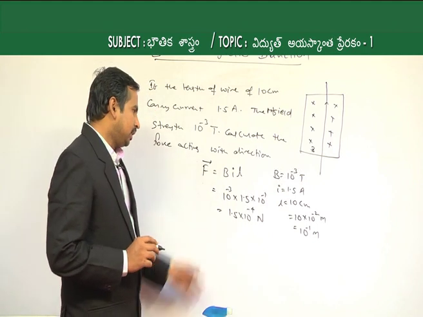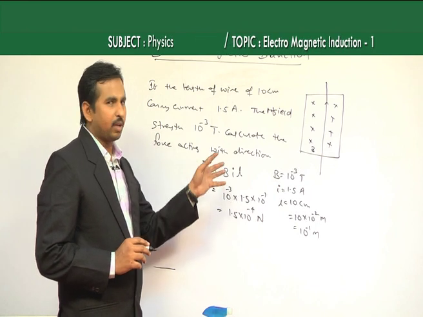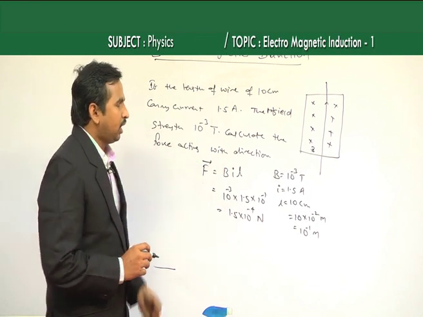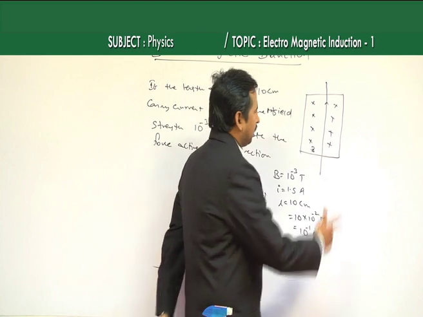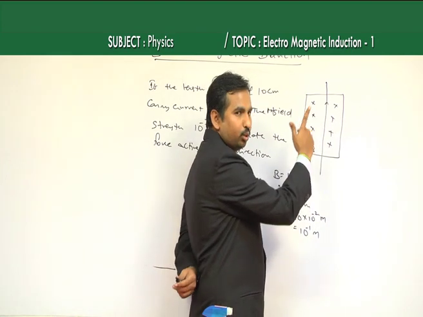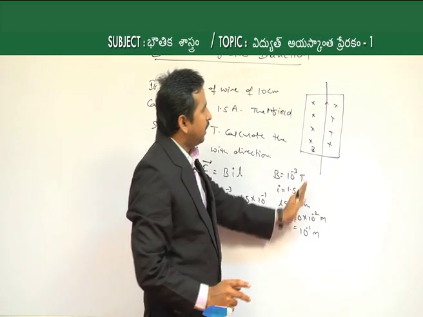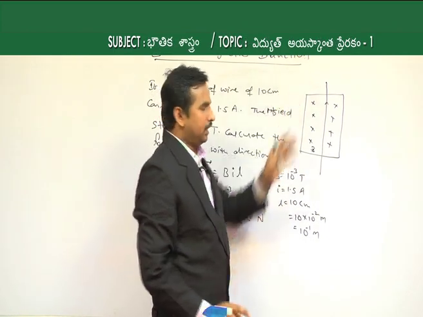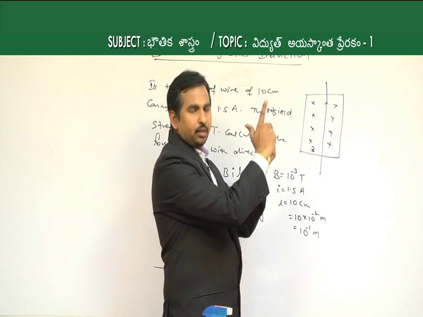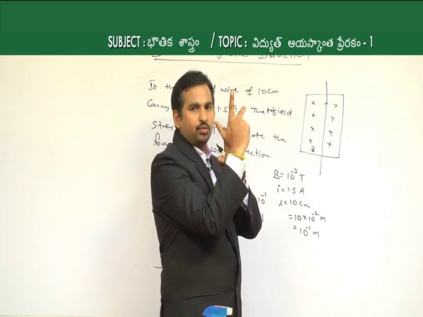As I said earlier, the magnetic field strength is acting into the plane, like this. So this middle finger we have to take into the plane, and as the current in the wire is going upwards, we have to take upwards here, and the thumb represents the direction of the force acting.